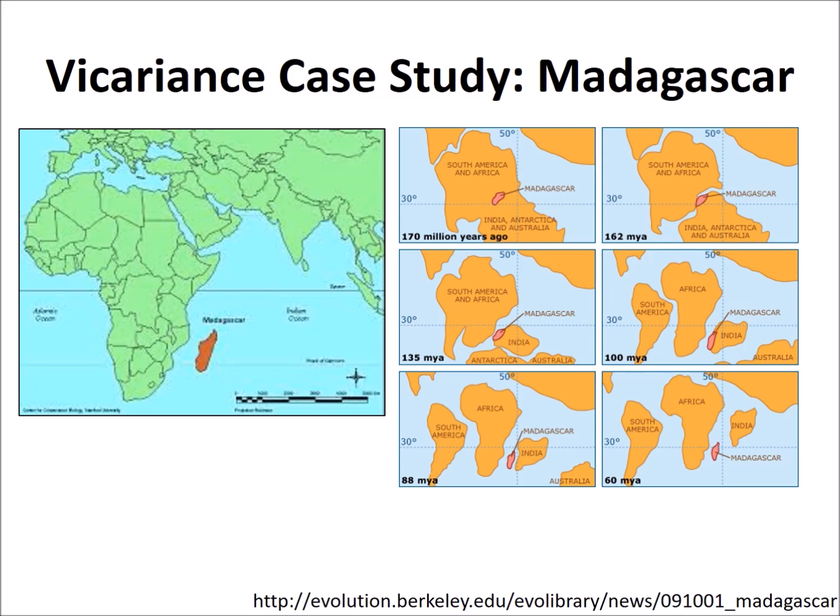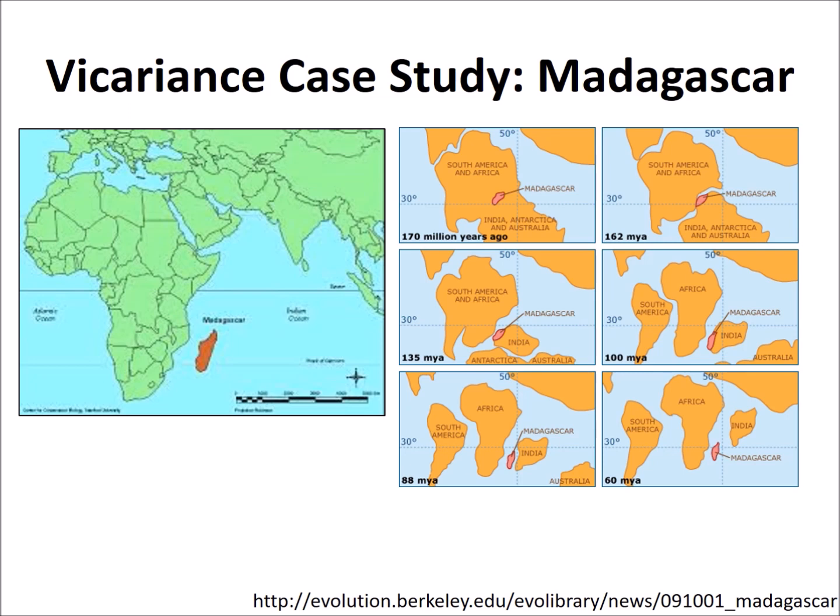So what might be more surprising is the number of living and extinct species on Madagascar that Madagascar currently shares with India. So it's currently not located close to India, and yet despite this distance from India, it does share a number of its species with India. And this is because for most of its geological history, Madagascar was actually attached to or much closer to India than it was to Africa.